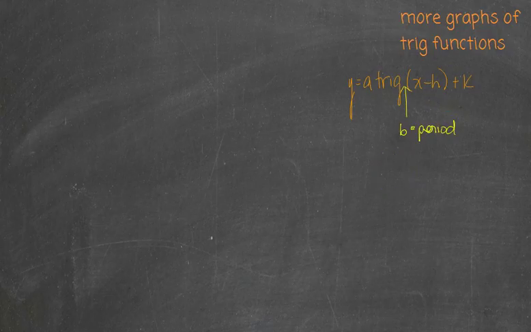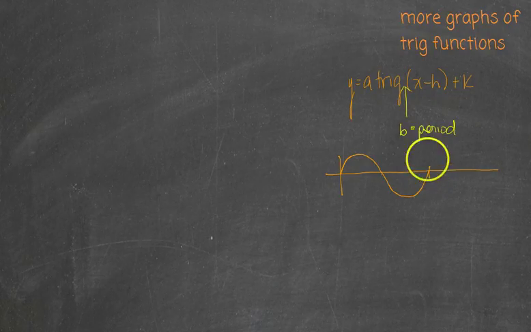Okay, and so what that means, and I'm going to use just sine, and I might do a correlation with cosine, but we're going to start off with just sine. If I take the sine function right off of the unit circle and I make no adjustments to it, this is what it looks like.